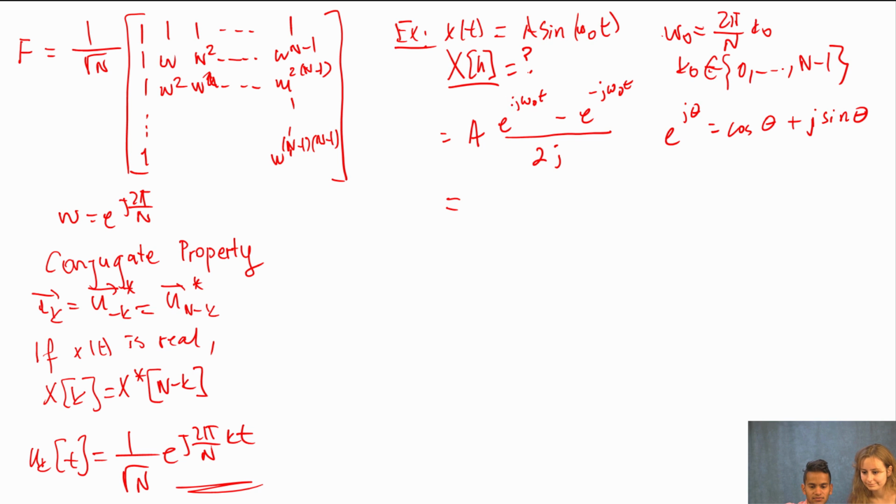So I could take this first term and write it as a over 2j times root n, U of k naught.